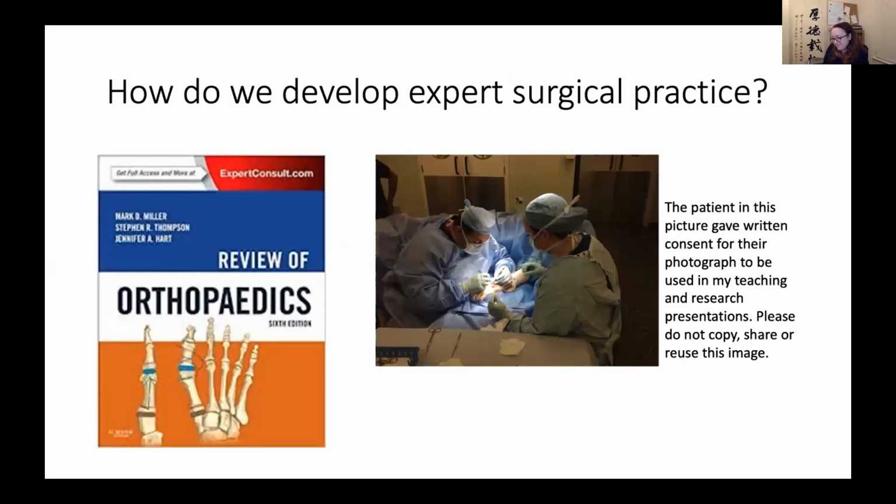So one of the questions that has bothered me for a very long time is about how we develop expert surgical practice. These two pictures: the left-hand side is a very grainy picture of Miller's Review of Orthopedics, which is one of the most breathtakingly dull books in existence, the handbook that you pretty much have to memorize.